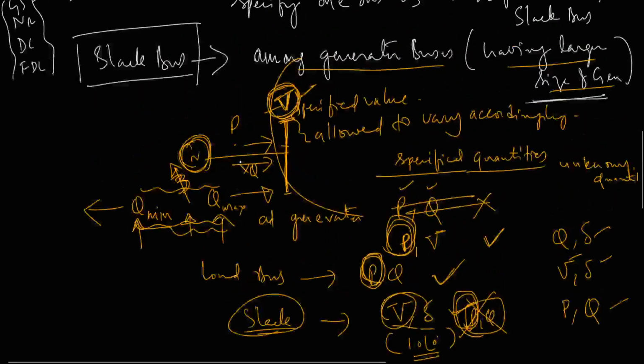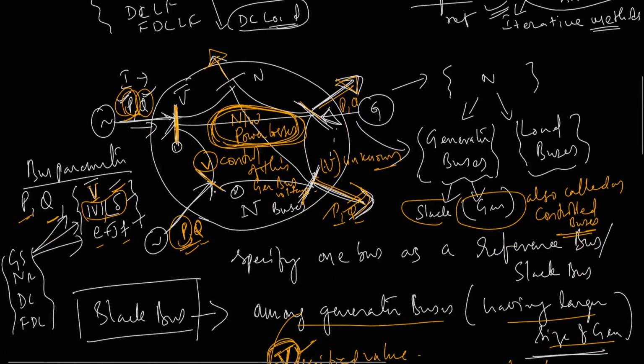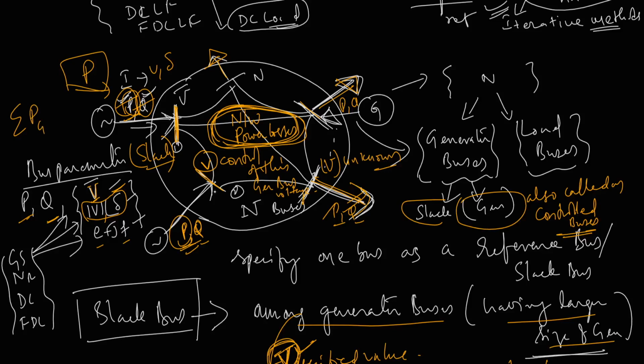Okay, so what does it mean? Suppose this is a slack bus with a generator connected to it, then instead of P and Q I will be specifying V and delta. But when we converge the load flow solution, we have to calculate what power it is actually feeding into the network. And after calculating this power, if you add up all the generator powers, then definitely it will be equal to all load powers plus network loss.